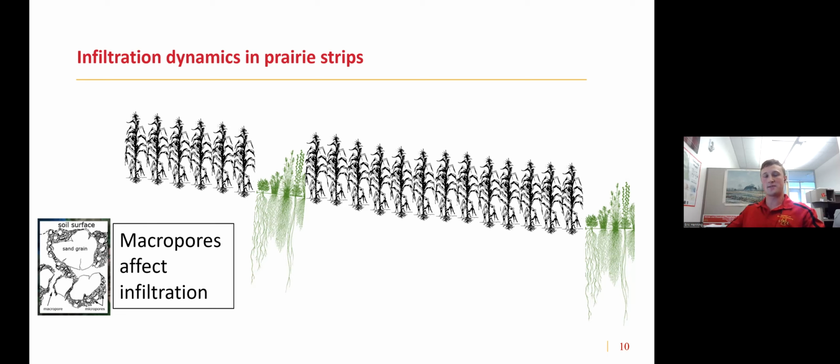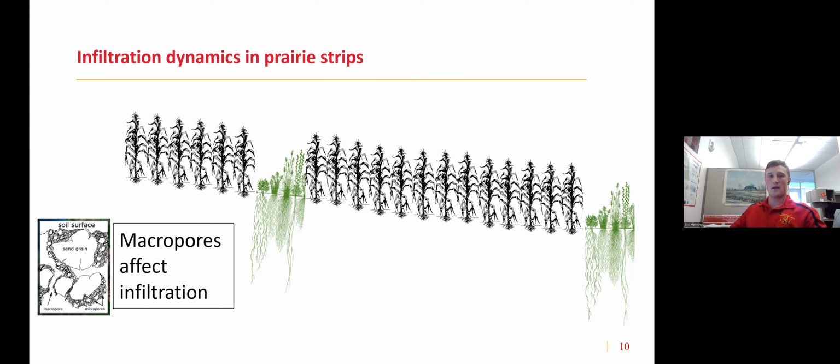Macropores can be affected by some of these things that I mentioned, like organic matter and root channels, but also inherent soil properties like sand content. I think we all kind of inherently know that sand infiltrates better than finer textured soil.